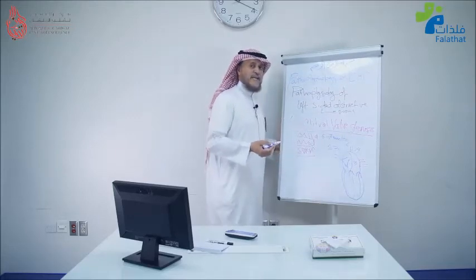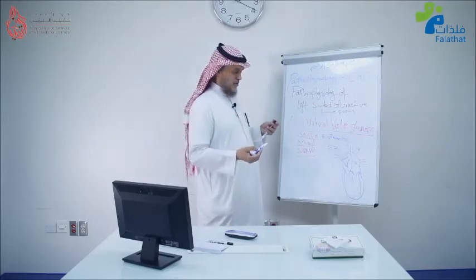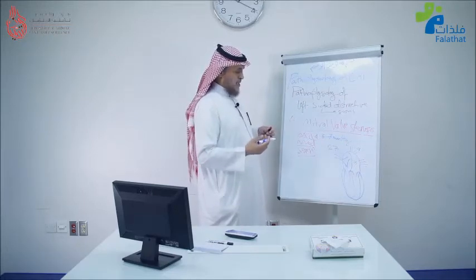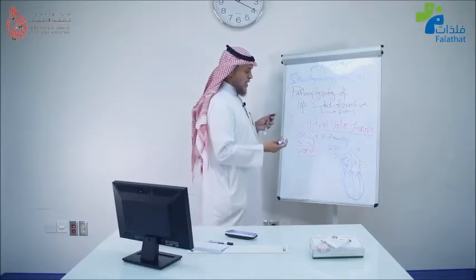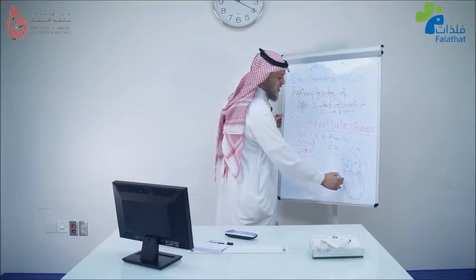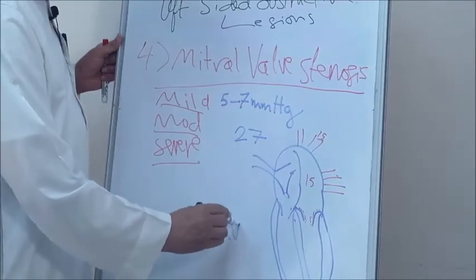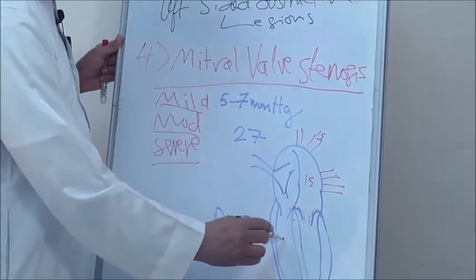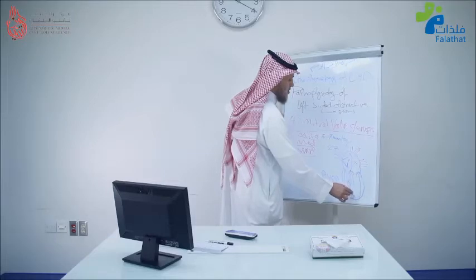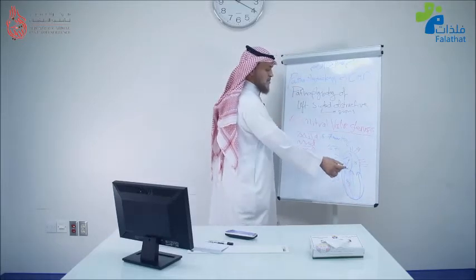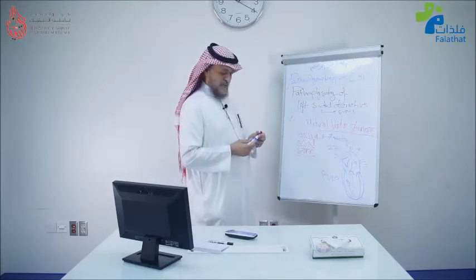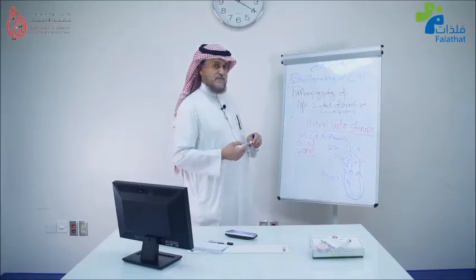So a 45, we agreed, is less than 50% of systemic pressure of a usual child or an infant who's more than 3 months old. That will be just a mild elevation in the right ventricular systolic pressure to around, let's say, 45 millimeter mercury. This again, if it is only mild mitral valve stenosis, what do we expect? I think you are now experts in such a thing.